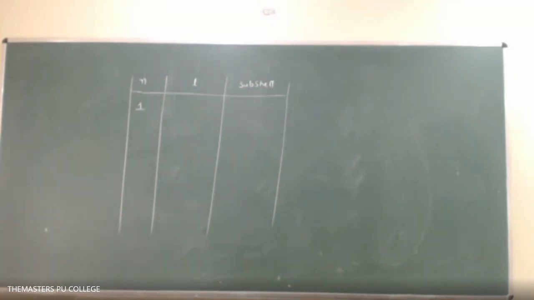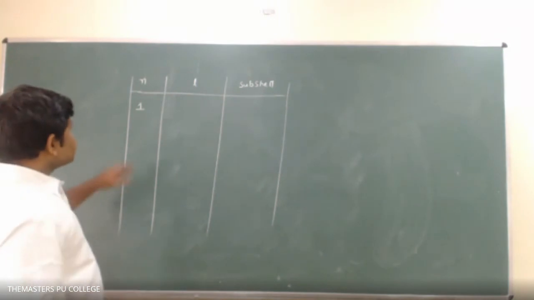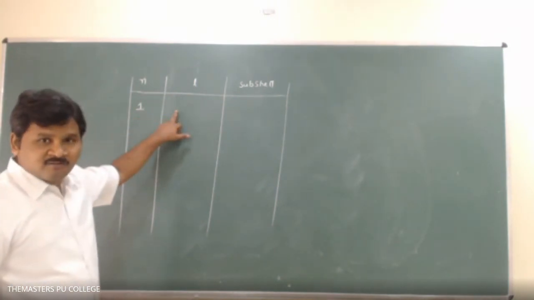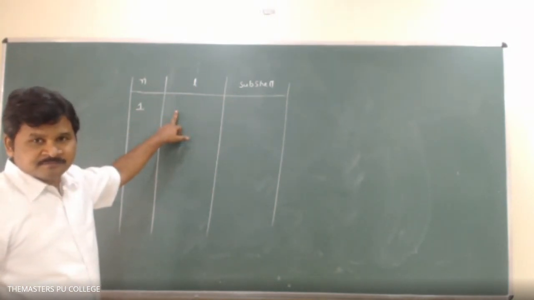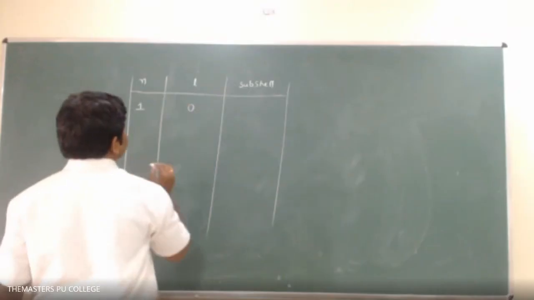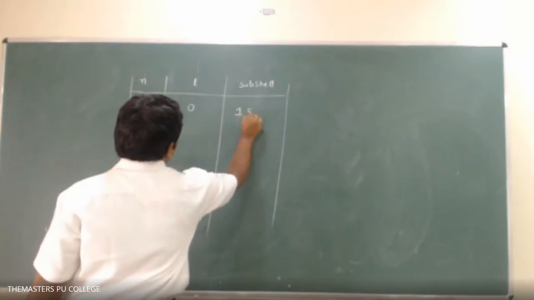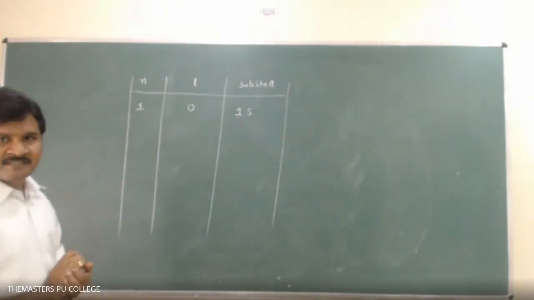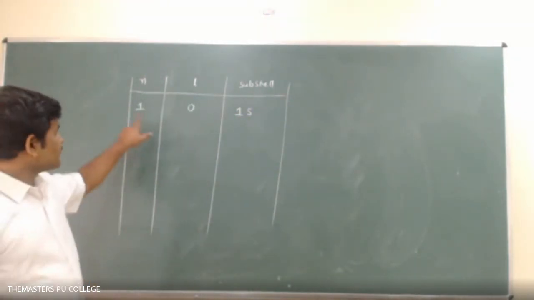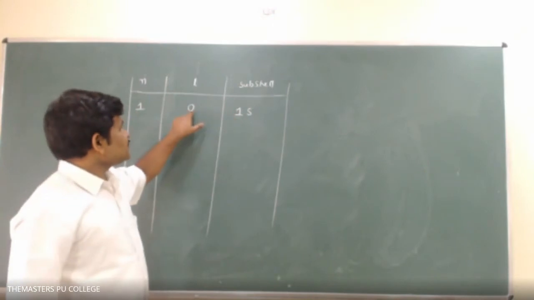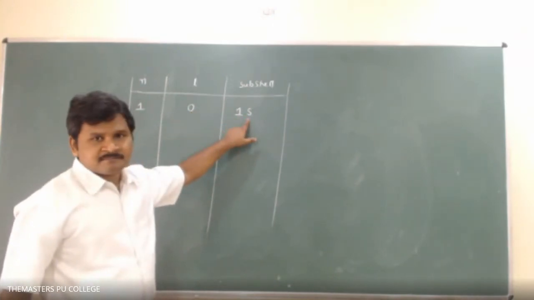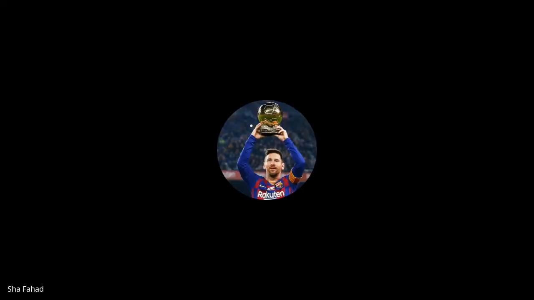What is L? L is equal to 0. So I will write 1s. Zero means which orbital? S orbital. This is about the first shell.